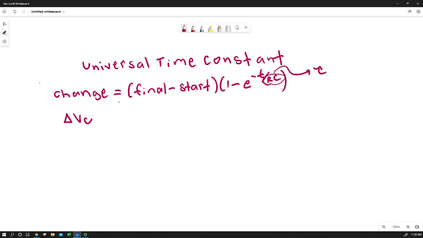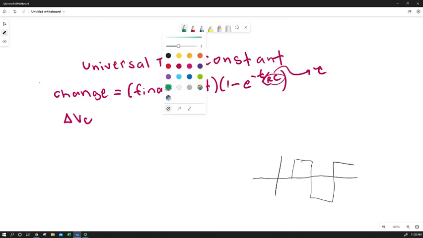Okay, so in our case we were looking at an imposed voltage signal like that, and we're looking at our discharging capacitor as being like this, V sub C in green.